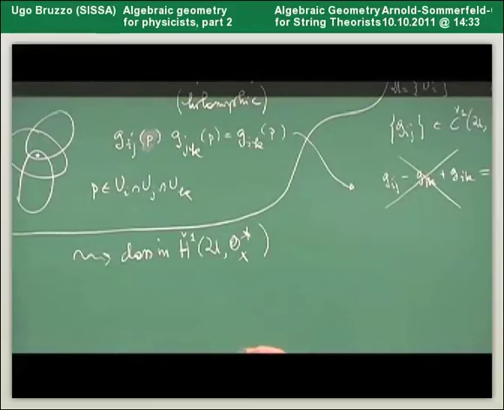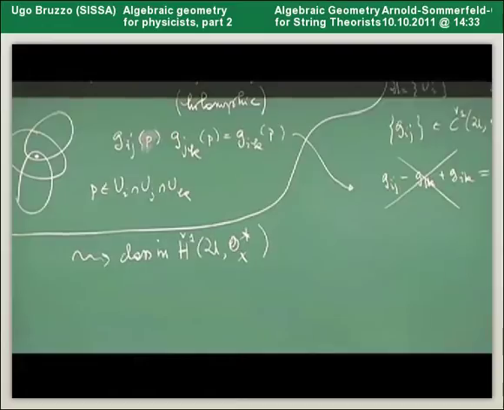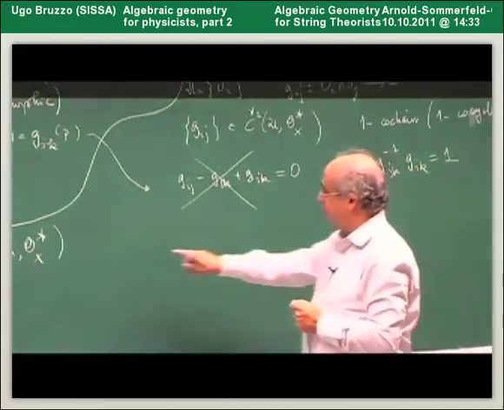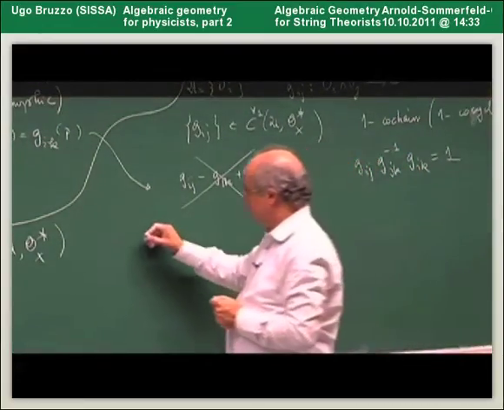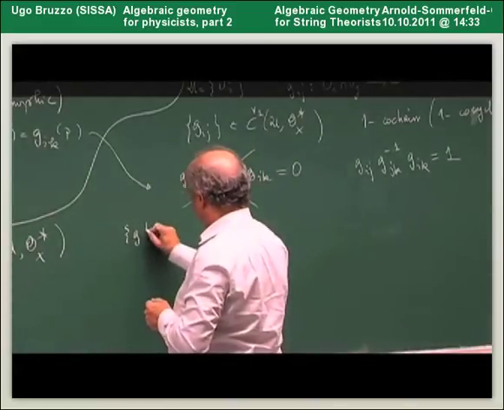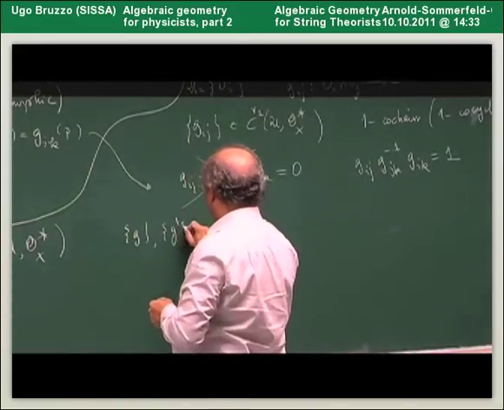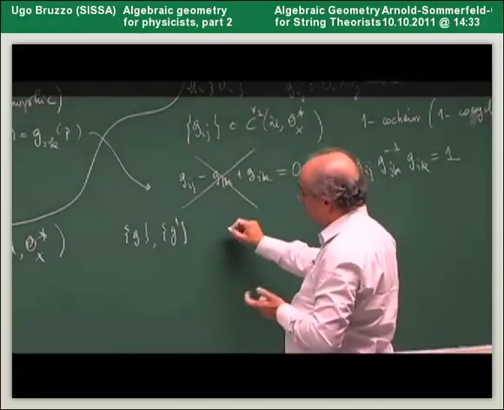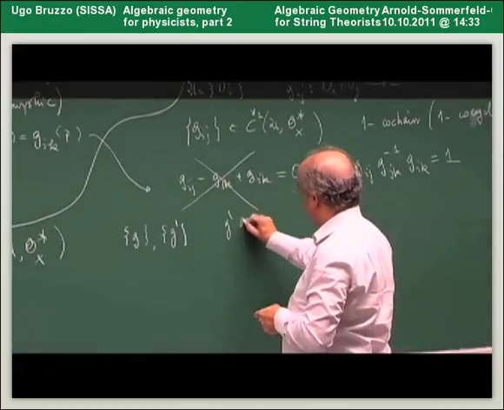Actually, we can say more, because we can show the following. What happens if we have two cocycles whose difference, so to say, is a coboundary? It may happen that I have a situation where I have two different cocycles. So that will be, say, g and g prime. But I shouldn't say the difference, because we are in the multiplicative case.